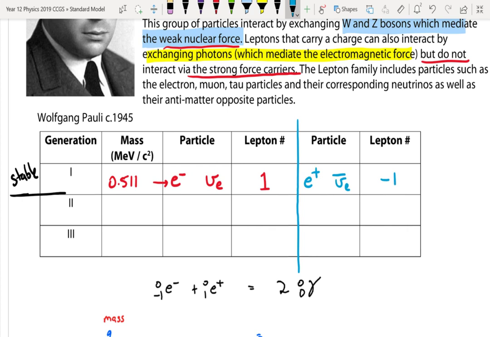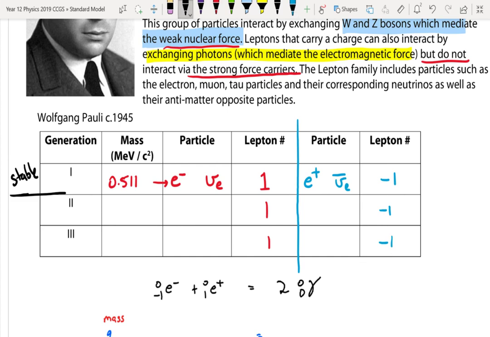There's rules, and I'm running out of time to explain these rules. This lepton number must be conserved in all particle interactions. So it's 1, 1, 1 and -1, -1, -1.